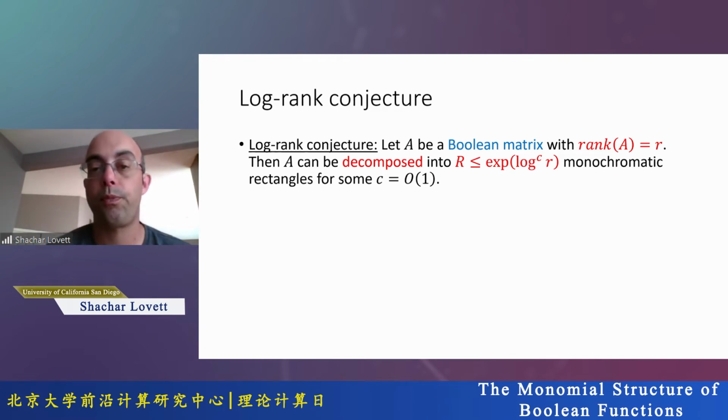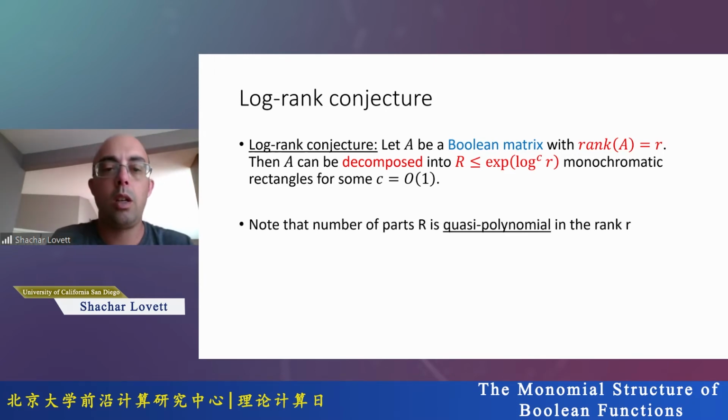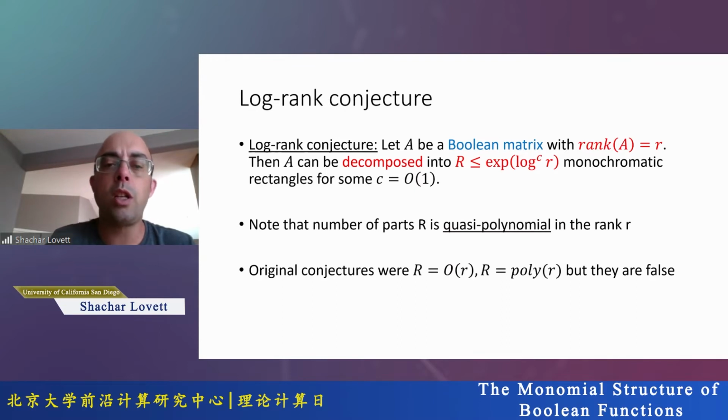That's the conjecture. How did people come to this conjecture? Why this weird bound of exponential of log to the C of r? Well, the original conjectures people had, actually in graph theory coming from the 70s, were much stronger. What if capital R equals small r? Or maybe people found counterexamples. Maybe capital R is linear in r, maybe 100 r. No, that's also not true. What about polynomial?